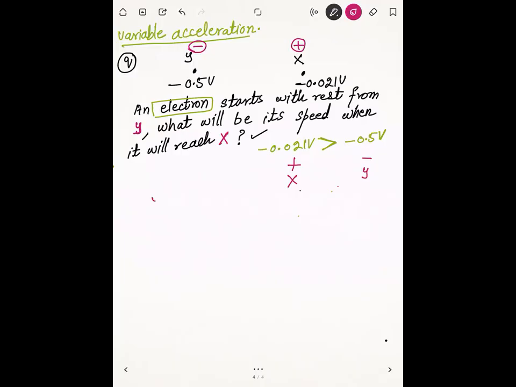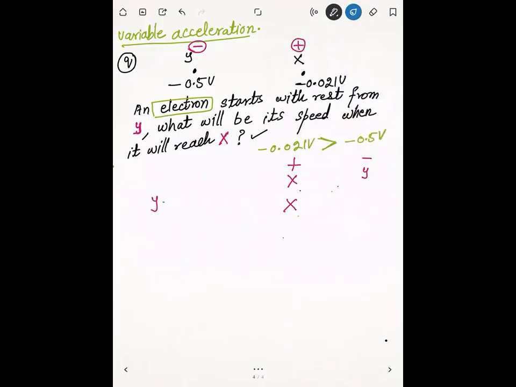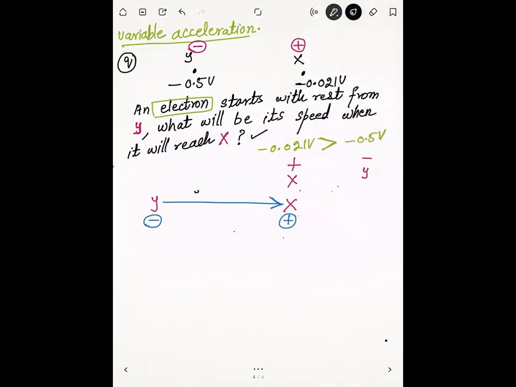So basically this is Y, this is X. And the question is about motion of electron from Y to X, not from X to Y, because it has to accelerate. Y itself is a negative point, X itself is a positive point, and the electron is moving from Y to X. This is the motion of the electron.